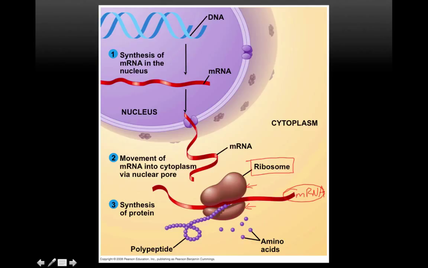And as the ribosome is moving along the messenger RNA molecule, it is reading the base sequence of that mRNA. In other words, it's reading the A's, the U's, the G's, the C's. And it's using that information to decide which amino acids are joined together to build the polypeptide.